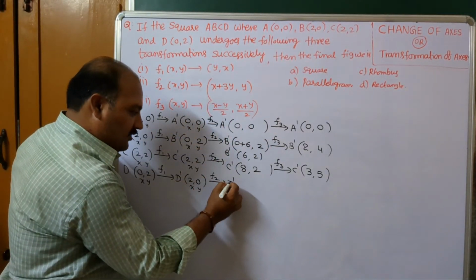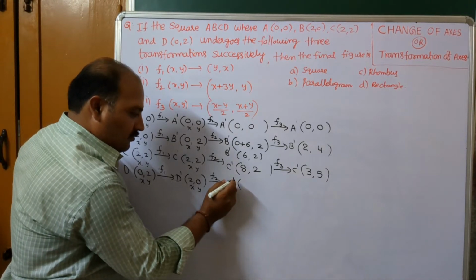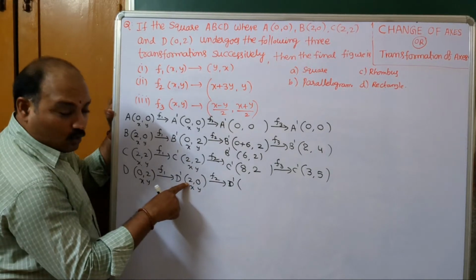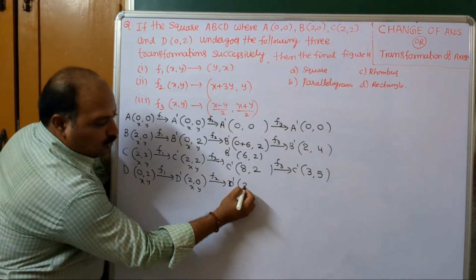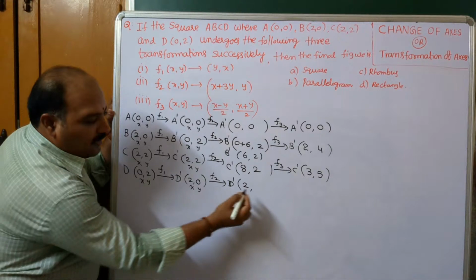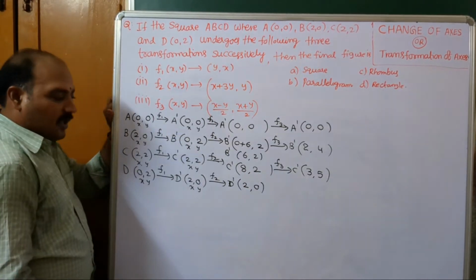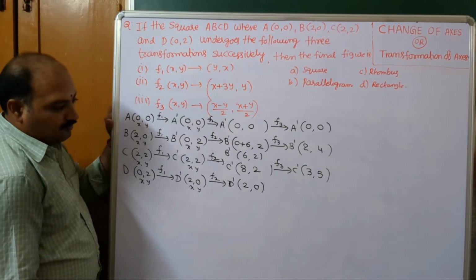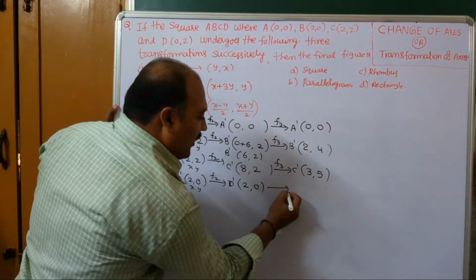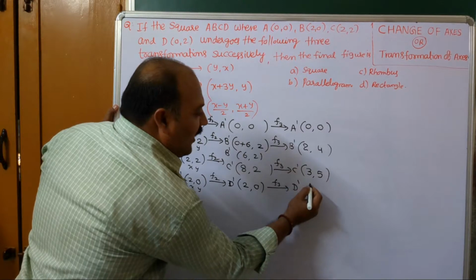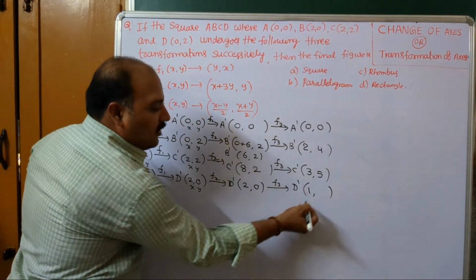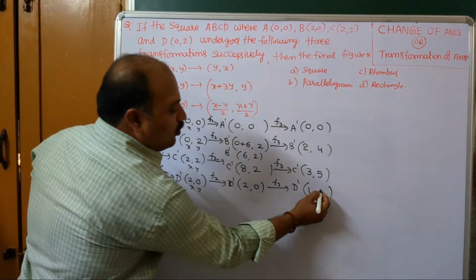So D dash, x plus 3y, 2 plus 3 into 0, so 2. Next y, y means 0. Next in the third transformation, F3, D dash becomes 2 minus 0 by 2, 1, 2 plus 0 by 2, 1.